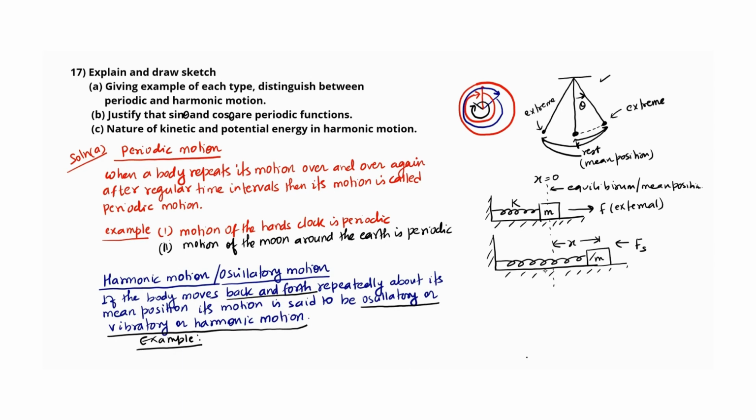So such type of motion is called harmonic motion. I'm writing the example: oscillation of mass spring system.